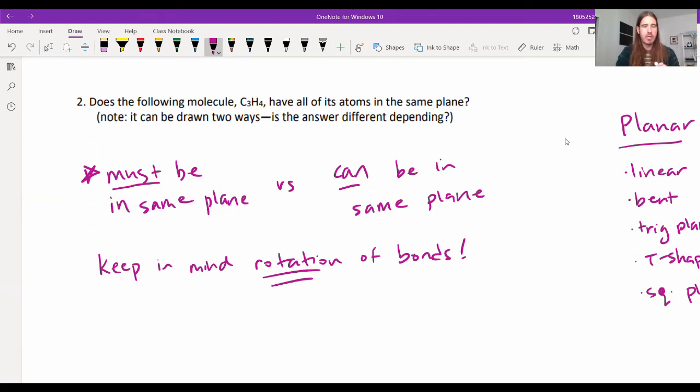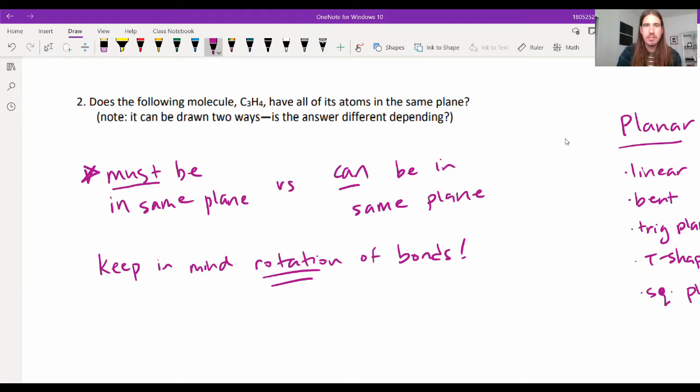So that would be when you have a case where it could be different. A double bond or triple bond does not rotate, and this model here is showing a double bond with a pi bond system, and that, remember, does not rotate at all. So that locks the atoms in the same plane always. So that's what we'll talk about also with this problem.